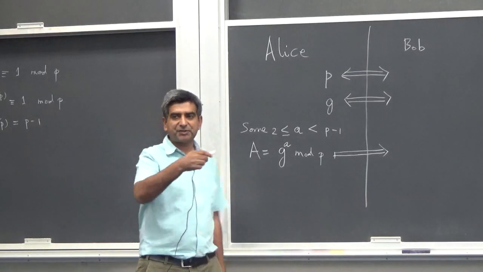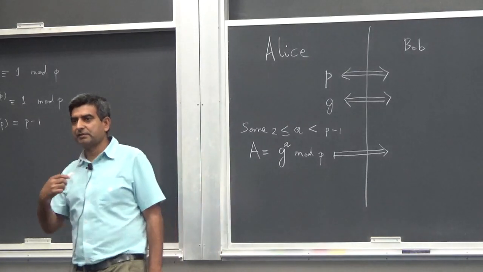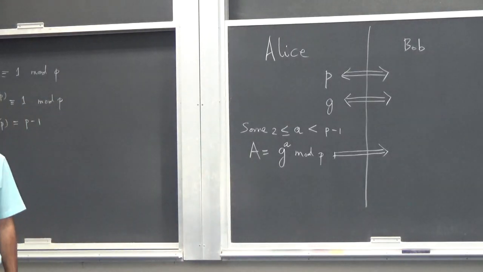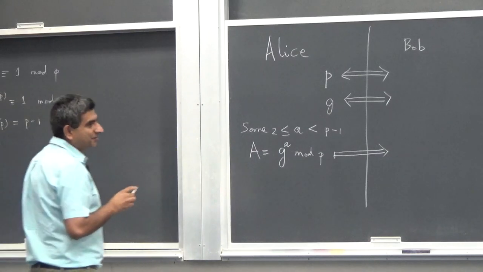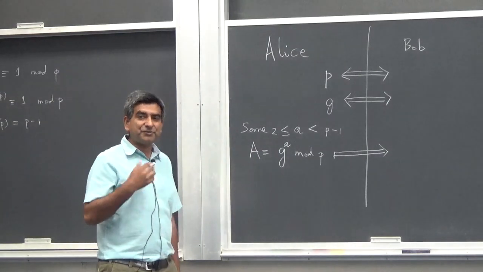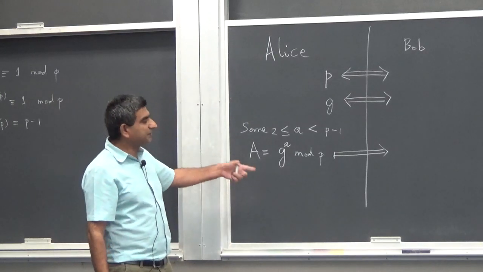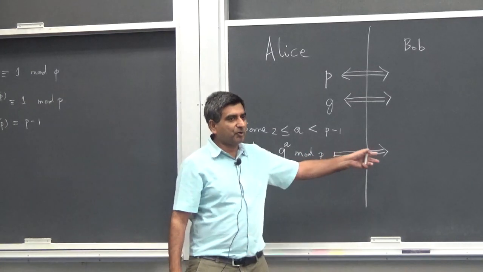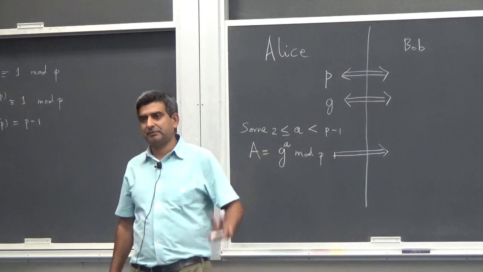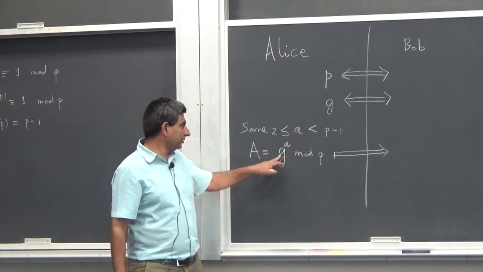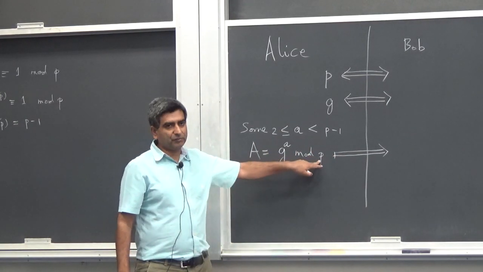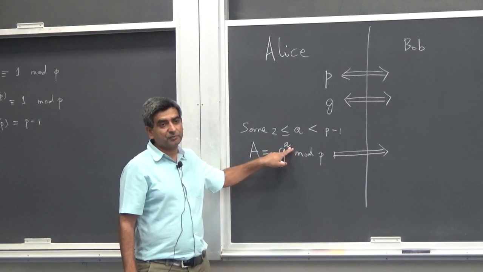over a public channel. It might be broadcast. Everyone can intercept this message, right? But this is not really the message. We're trying to generate a key here. So now this capital A, which is really a number, is shared with Bob and it goes over a public channel in which G is known and P is known, but small a isn't known.